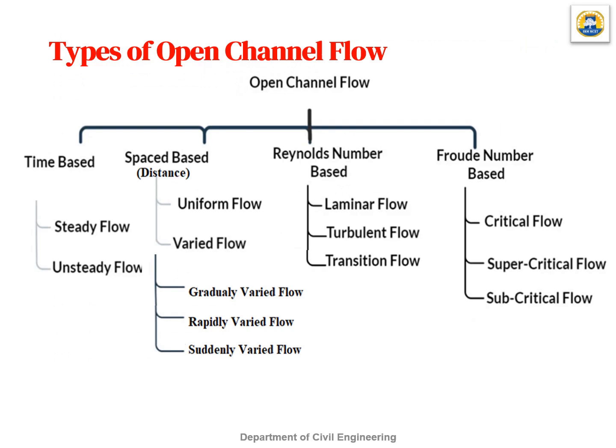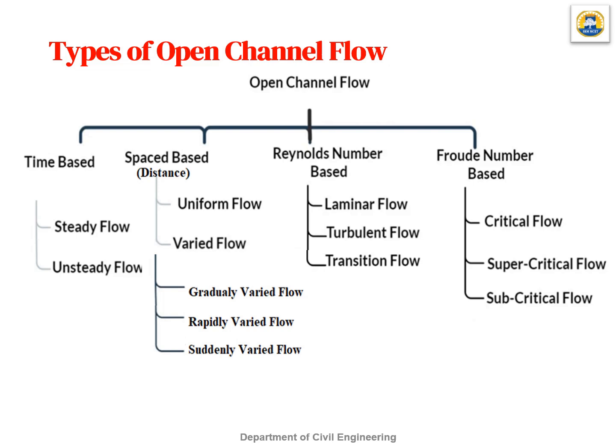The types of open channel flow are classified based on time, space, Reynolds number and Froude number. In open channel flow, the Froude number is dominant as it is based on gravity. So the different classification goes like this.